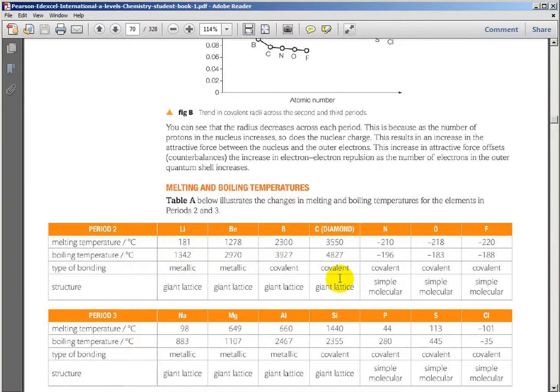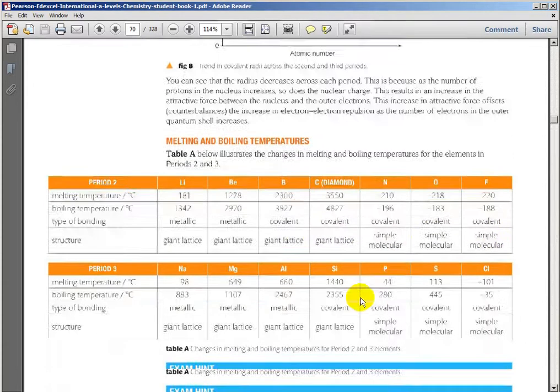Like carbon as diamond, covalent, giant lattice. Nitrogen is simple molecular, covalent, so lower melting and boiling points. Oxygen, simple molecular, covalent. Only the simple intermolecular forces break. Fluorine is covalent, simple molecular, so its melting point is low.